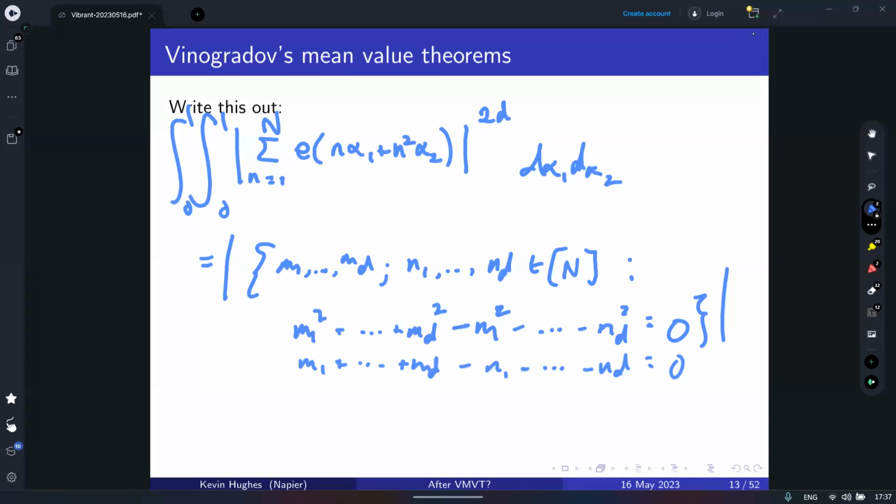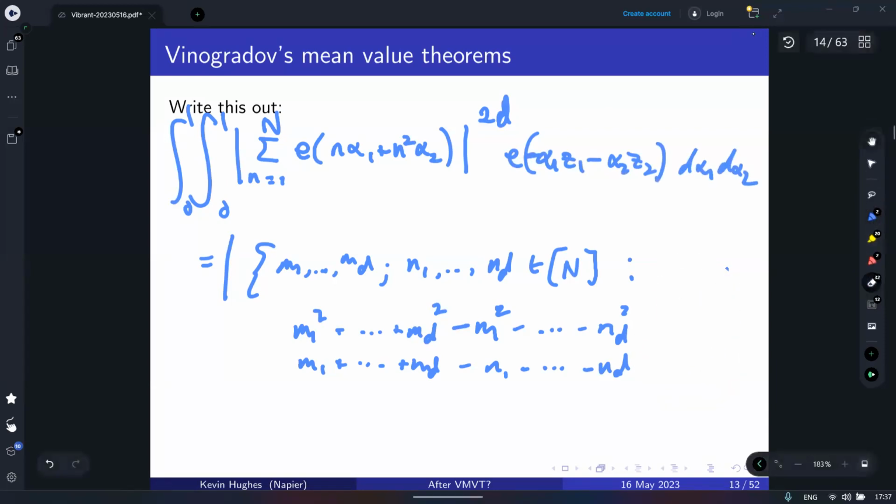If I wanted to pick out this equation being equal to some variable z, then I would do simply the same thing, but multiply it by e of minus alpha 1 z1 minus alpha 2 z2, d alpha 1 d alpha 2.